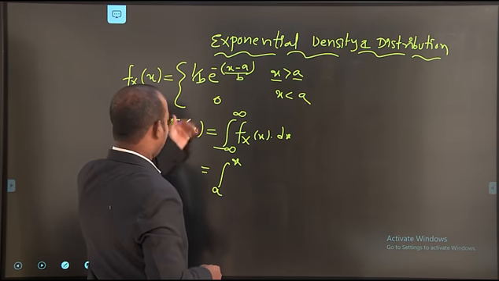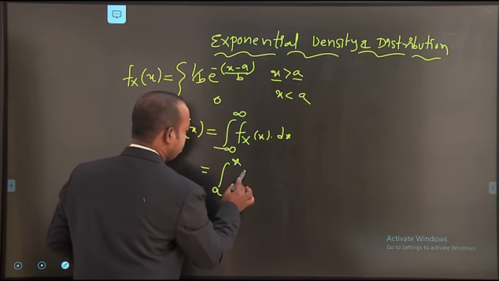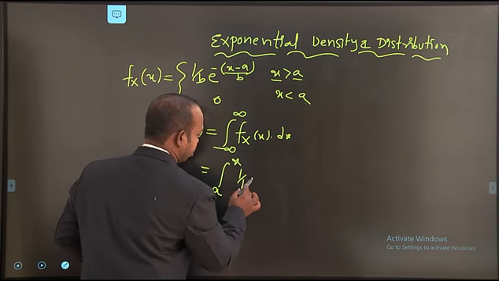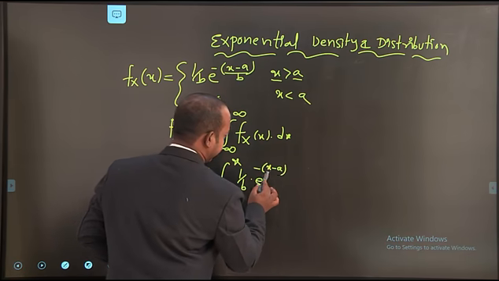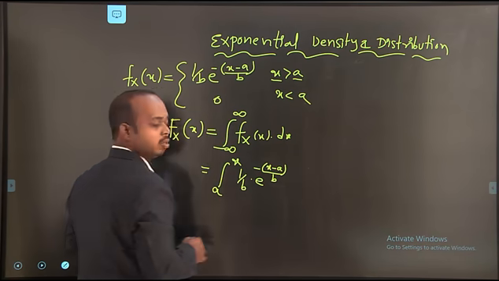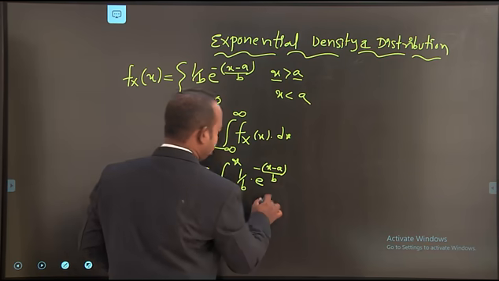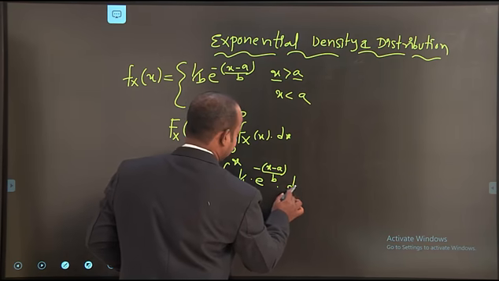The density function quantity is 1 by b into e power minus (x minus a) divided by b into dx.